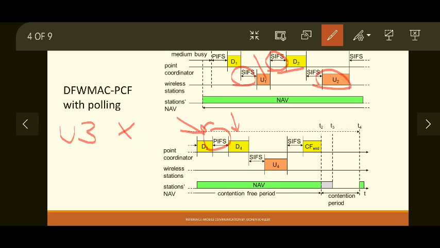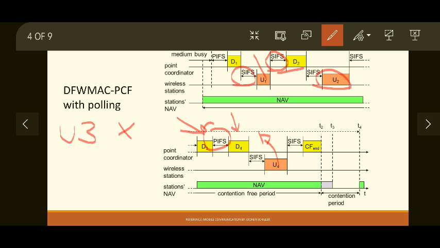It left the network while the access point was polling for U1 and U2. So U3 did not respond. The access point then polls the fourth station, and the fourth station responds by sending U4.